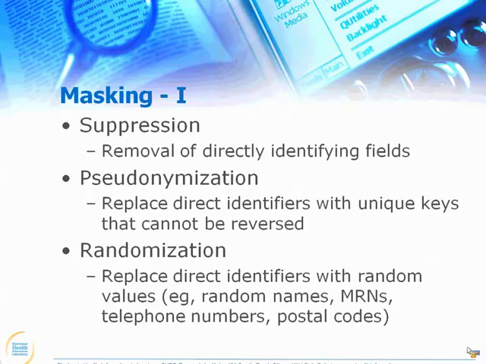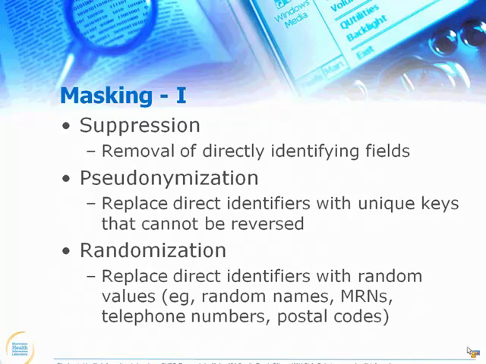You can replace phone numbers with fake phone numbers, postal codes with fake postal codes, addresses with fake addresses. If you have credit card numbers, social insurance numbers, health card insurance numbers, all of these would be replaced with fake numbers that would pass the validation checksum. So this is referred to as randomization, and is one way to deal with directly identifying variables.